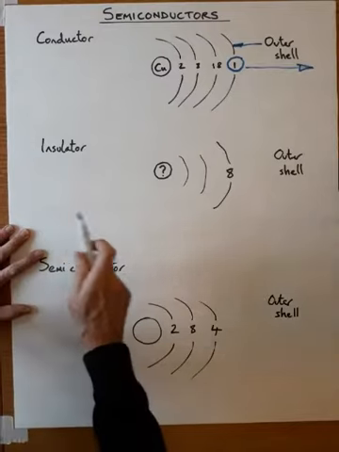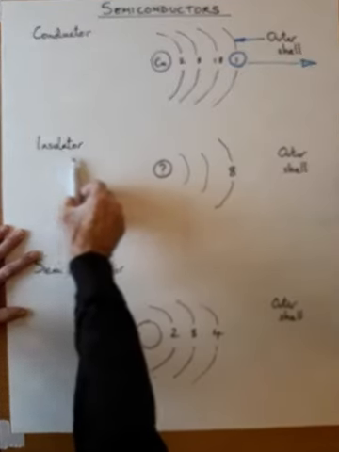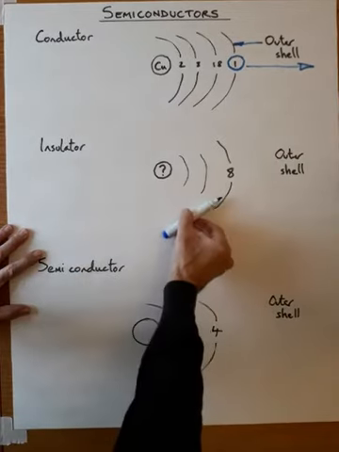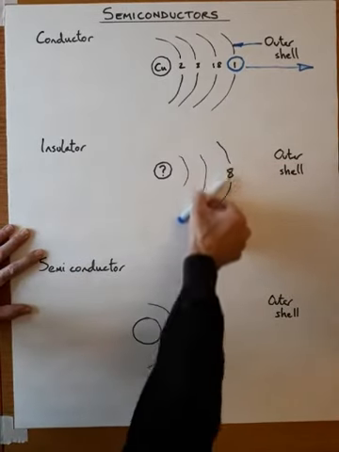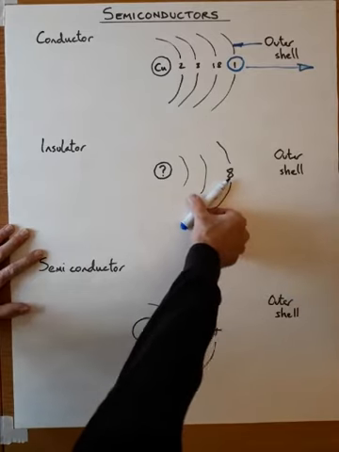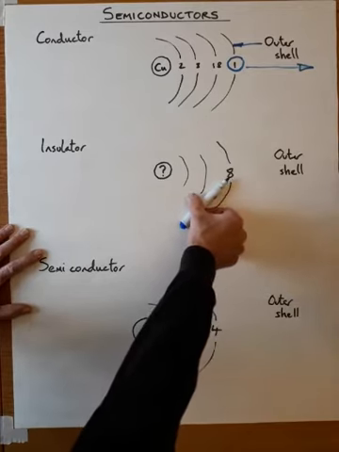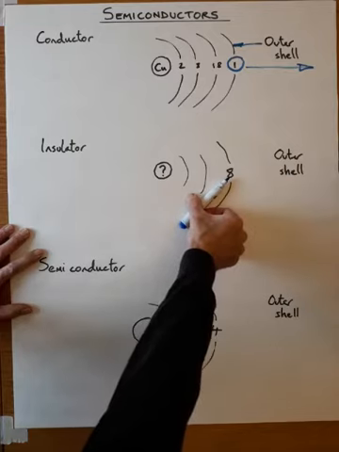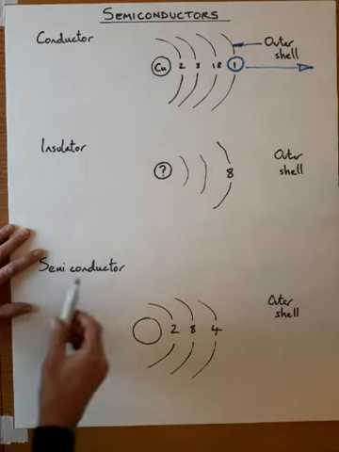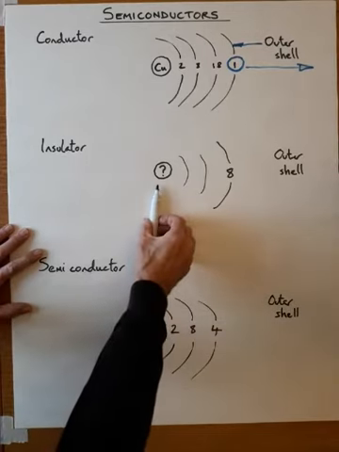If we move on to thinking about an insulator, then insulators will tend to have 8 electrons in their outer shell. That means their outer shell is full, and it's very difficult to break that outer shell and make it become a conductor. And this would be materials such as PVC, polyvinyl chloride, or perhaps glass.